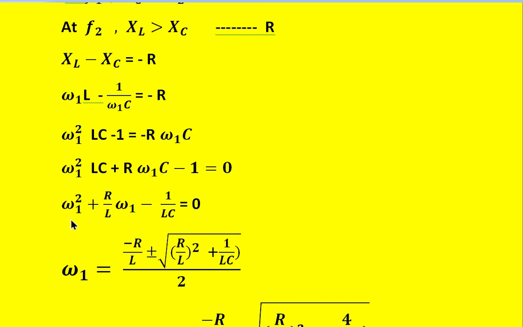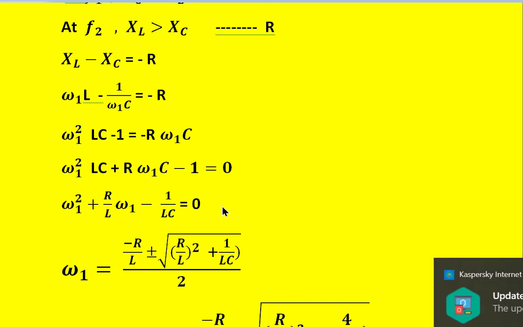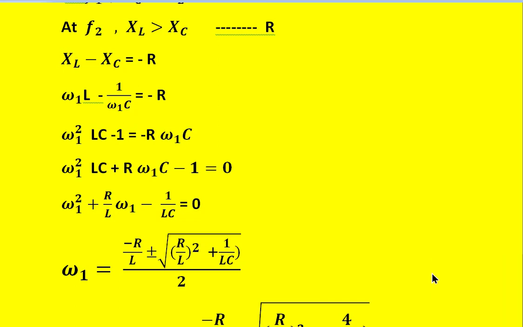So from this, omega 1 can be written as minus b, that is minus R by L, plus or minus root of b square, that is R by L whole square, minus 4ac, that is minus 4 into 1 into minus 1 by LC, which means plus 1 by LC.